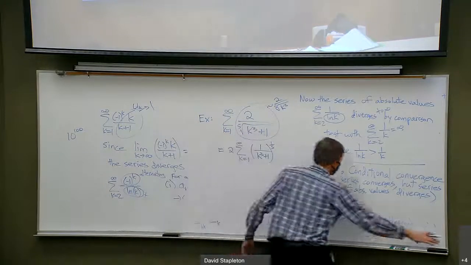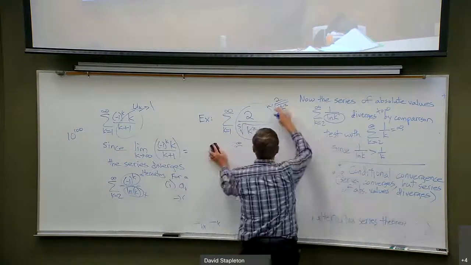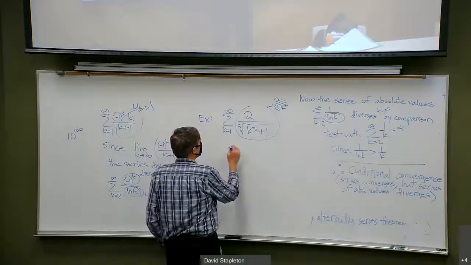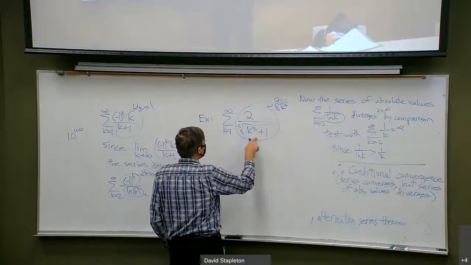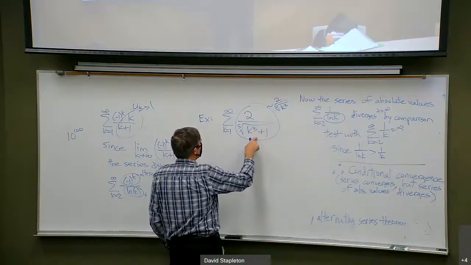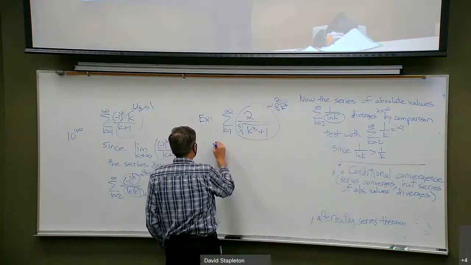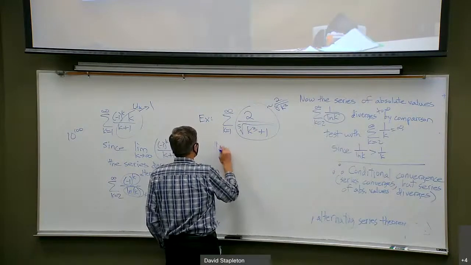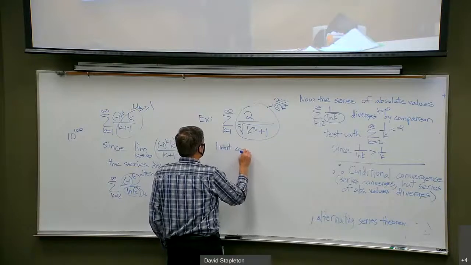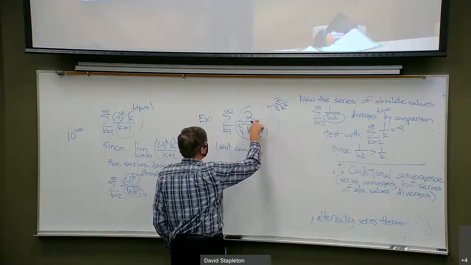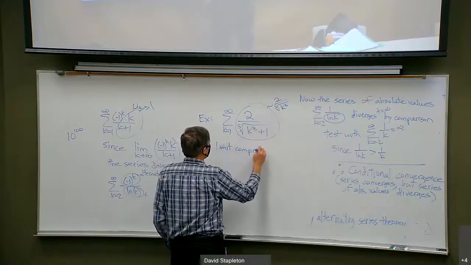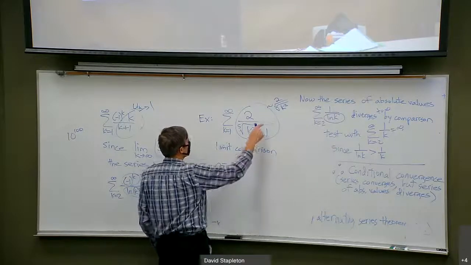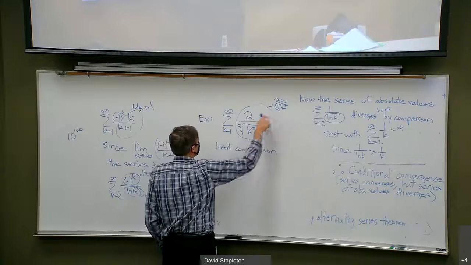No, let's not do that. Since we've got this comparison again here, let's say once again, by limit comparison, we say that asymptotically these look like this. We can compute rho, the limit of this series to this one.